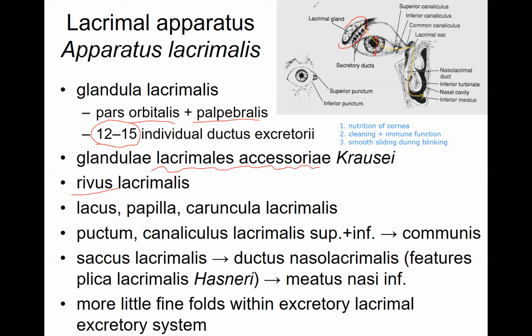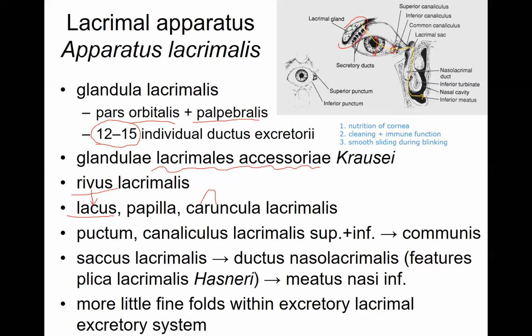Okay, so we continue and we come to here where the river, rivus, enters a lake, lacus. And in the lake, we have the caruncula, like an island. And the caruncula is a conjunctival structure.